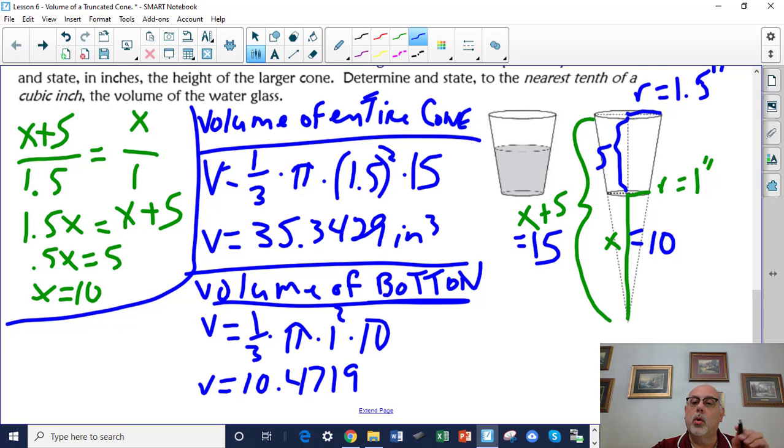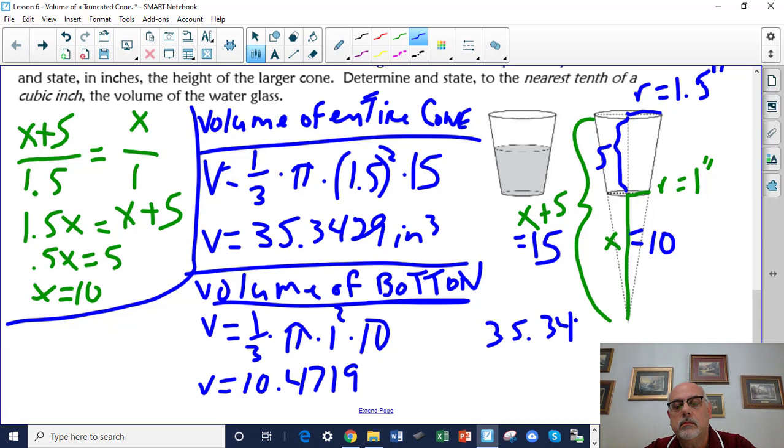So the volume of the water glass, which is the top piece, it's 35.3429. Oh, this is inches cubed, by the way. Minus 10.4719.